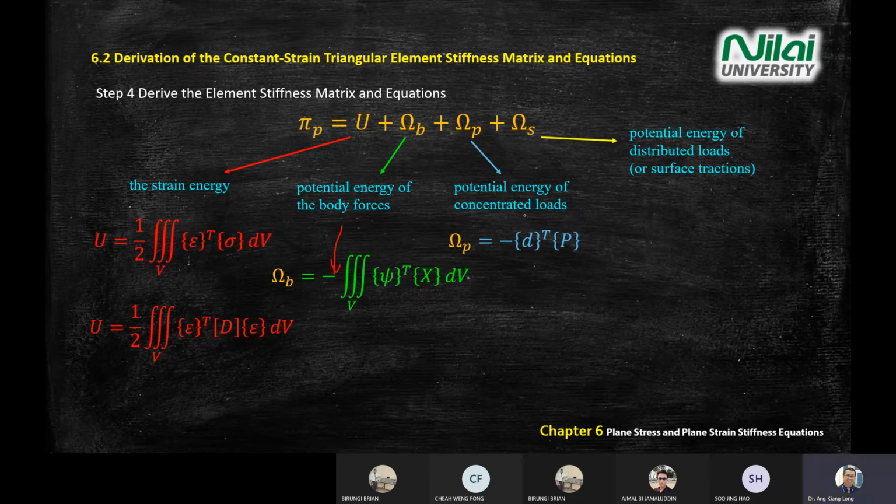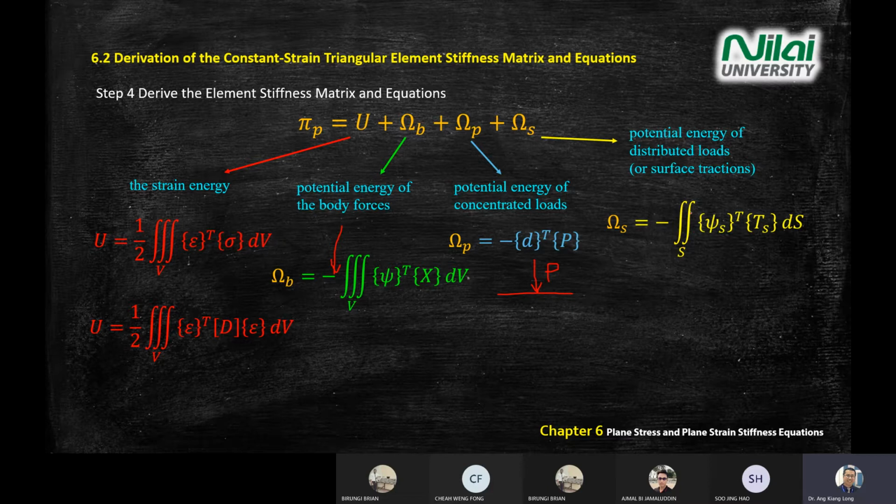We call it concentrated load. You get a negative displacement transpose times the P. P is the forces that you have inside the system. This is the point load force. In this case, we use P to represent forces. And for distributed load, we have a negative again. So integrate, this is the surface area.